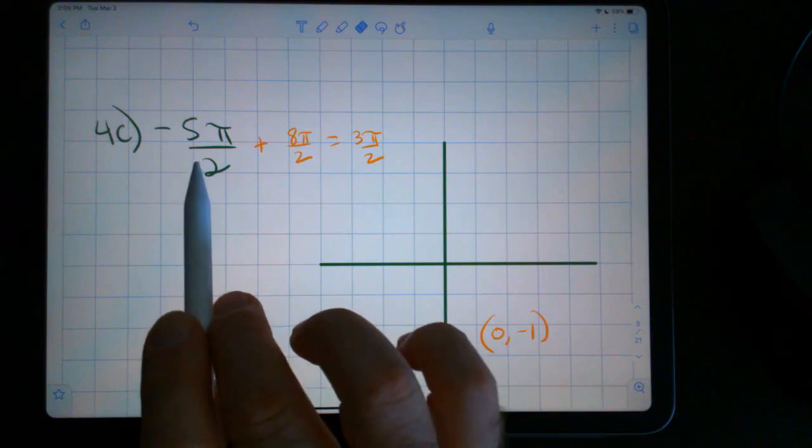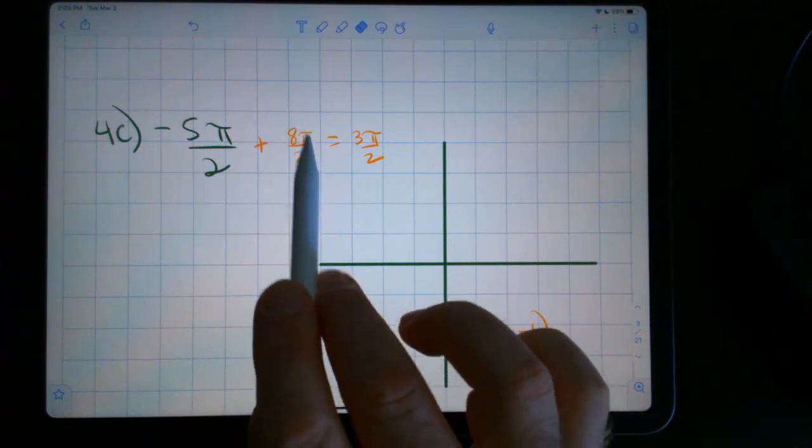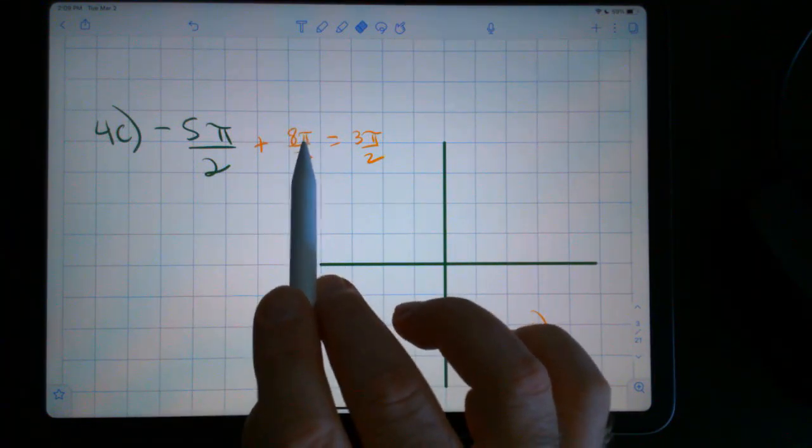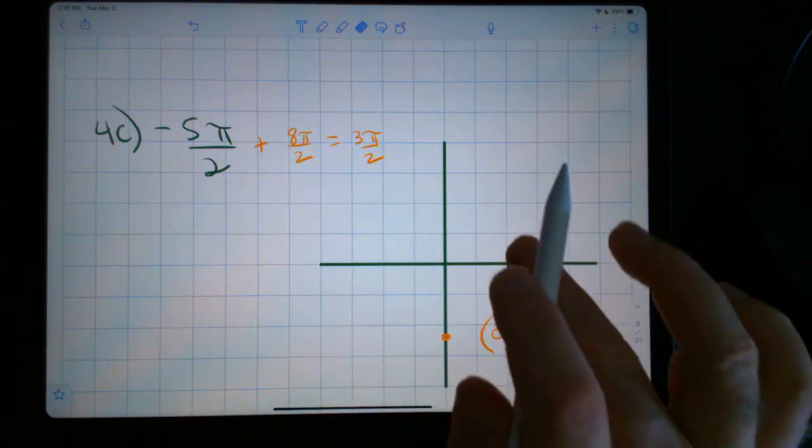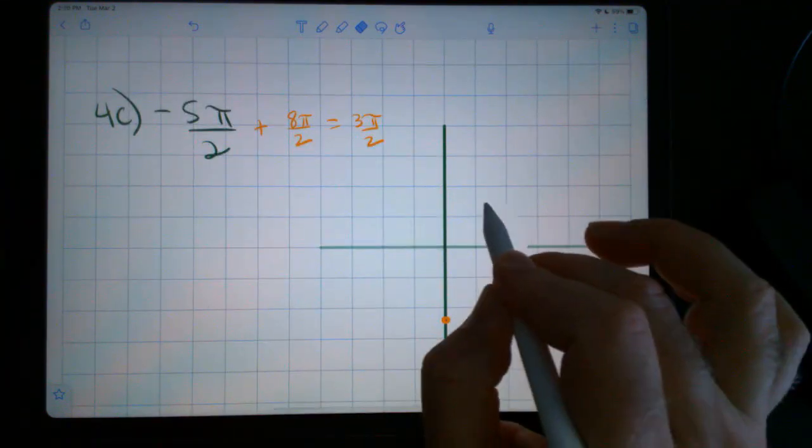4c, similarly, we can add a multiple of 2 pi. So 8 pi minus 5 pi is 3 pi over 2.